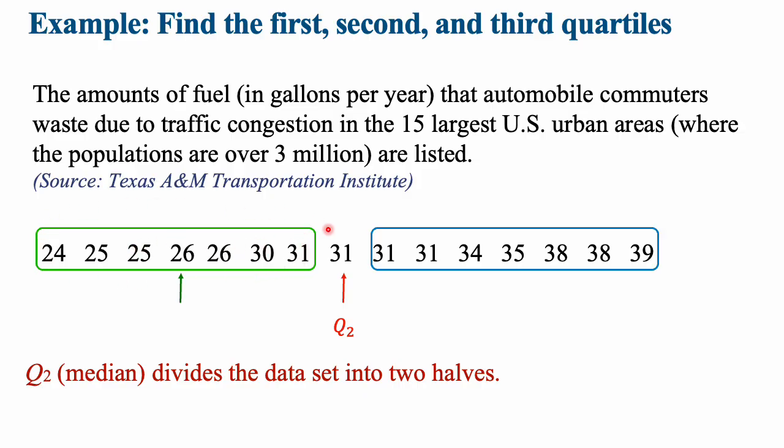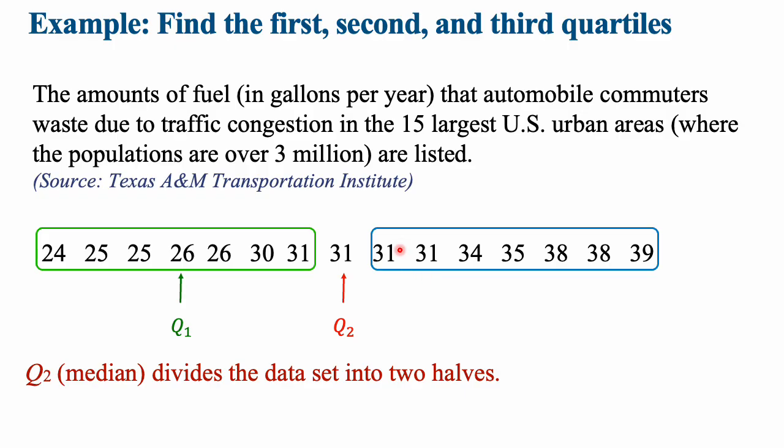Then we're going to split this into two parts. That's an odd number, so you're going to find the middle. That's going to be here, 26, because there are 3 on each side. You divide the same 3 evenly. So this one is Q1, the first quartile.